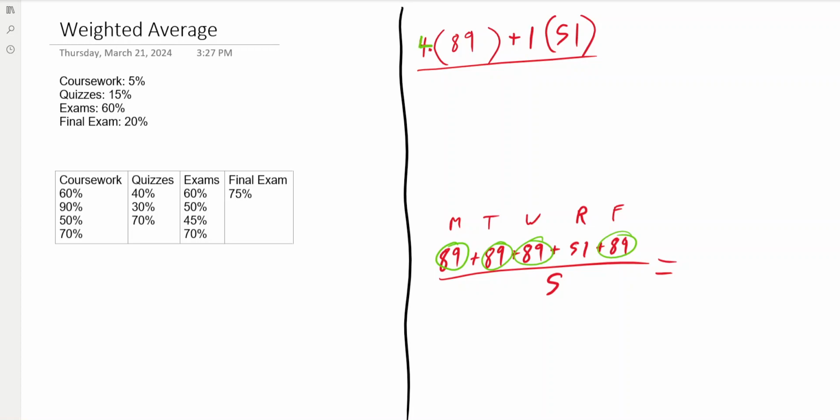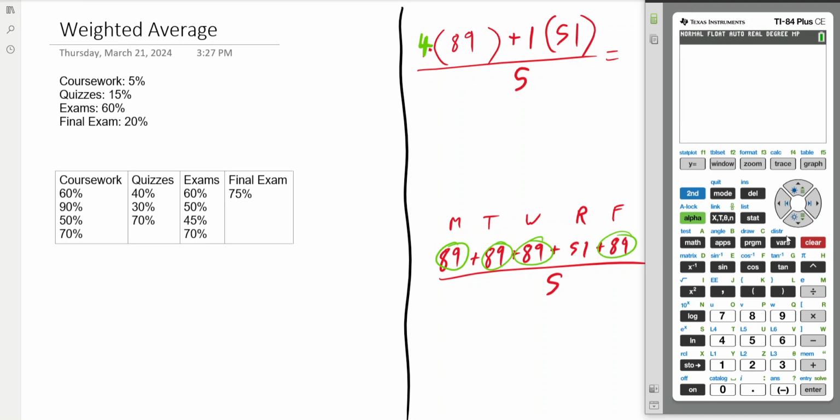We have 4 89s. So if you just multiply 89 by 4, what we're doing is we're giving 89 a weighting of 4, and the other day is the 51, and only has a weighting of 1. So 4 plus 1 is 5, and that's going to give you your total. So let's go ahead and simply calculate that.